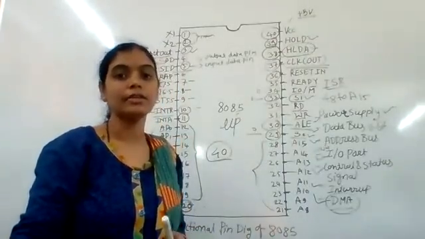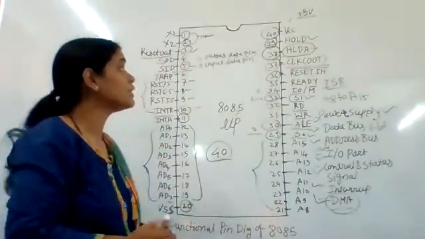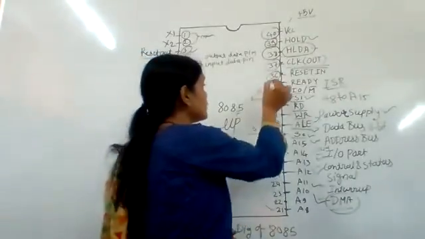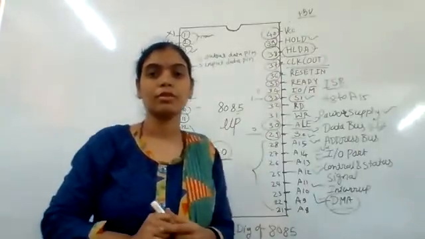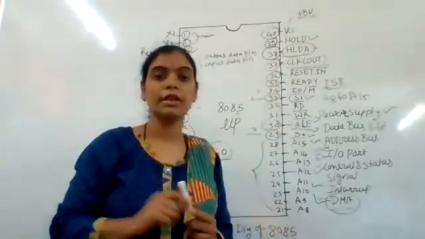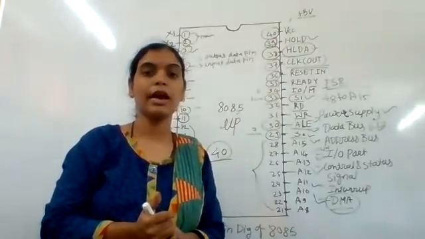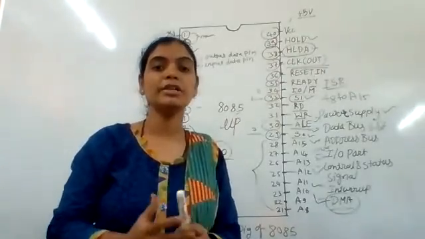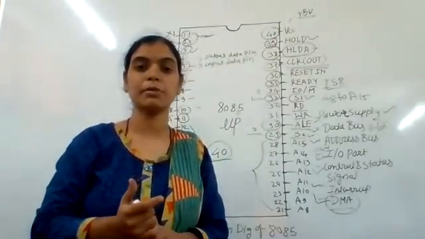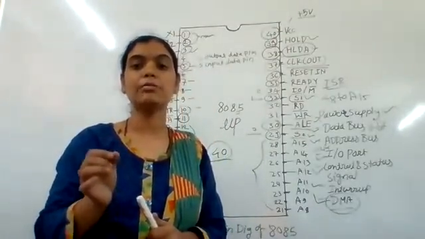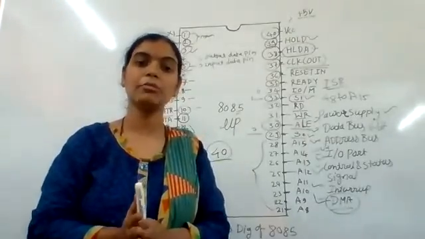Next pin is READY, pin number 35. This pin maintains the synchronization between the processor and the peripherals and memory. It is clear that a microprocessor has a much faster response than peripherals and memory.